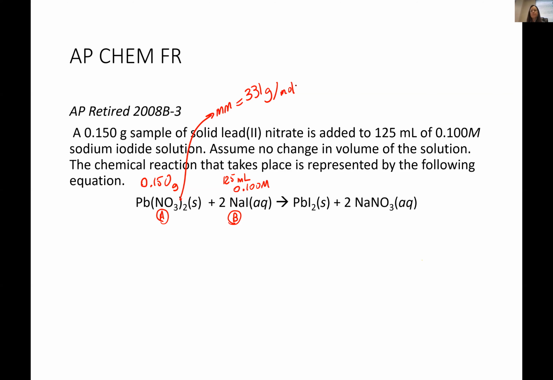So are we ready to move? Lou, you want to put that poll up and ask them who's the limiting reactant, A or B? See what they think. So you're just going to type in A or B, lead(II) nitrate or sodium iodide, for the limiting reactant. Which one do you think is the limiting reactant?